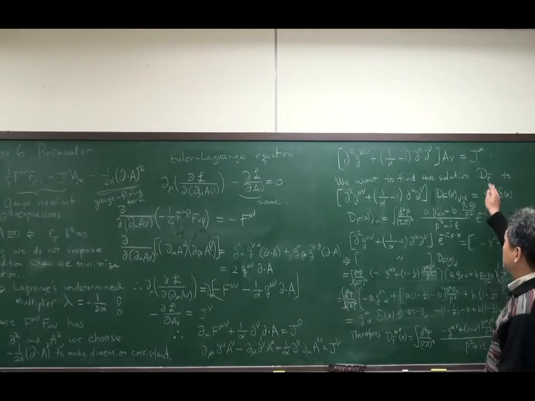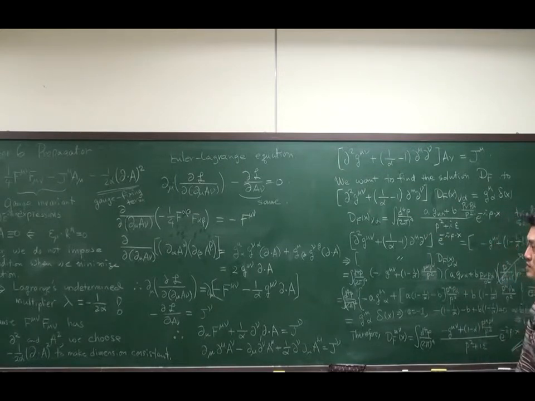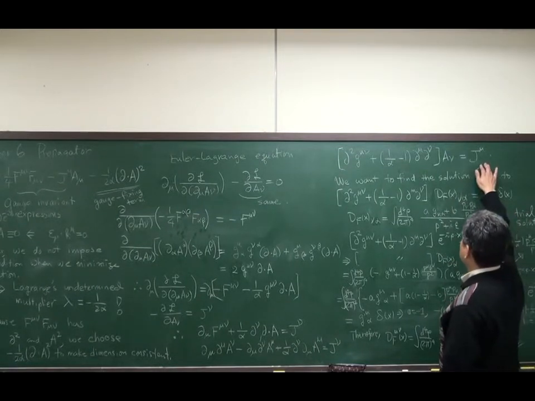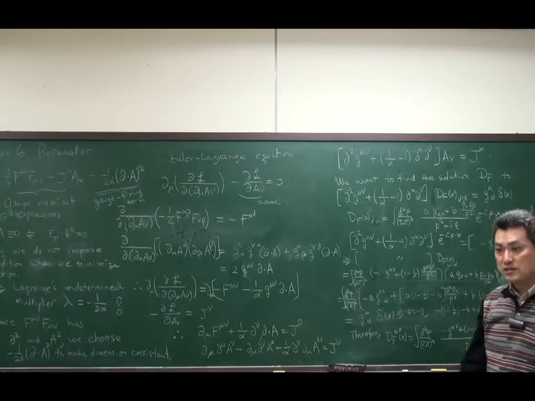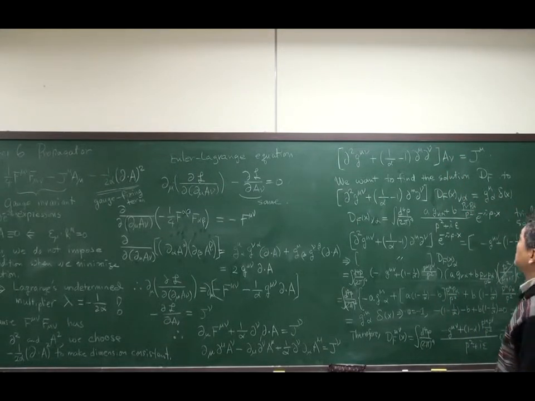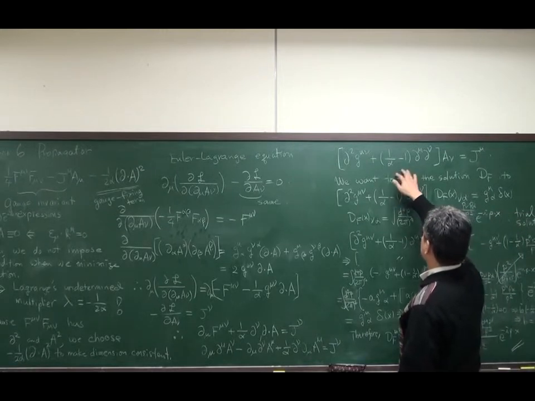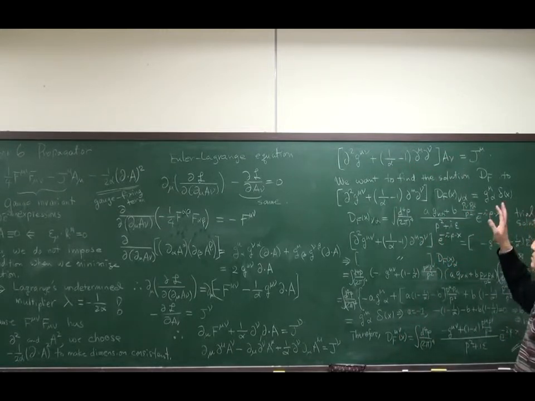So the equation of motion is constructed. Now we find that the equation of motion depends on gauge. The right hand side is independent of gauge, but this wave function itself has a gauge dependence. Perhaps this contribution cancels the gauge dependence. Okay.